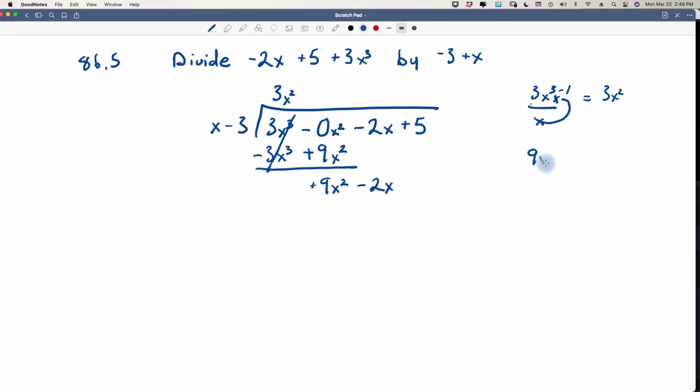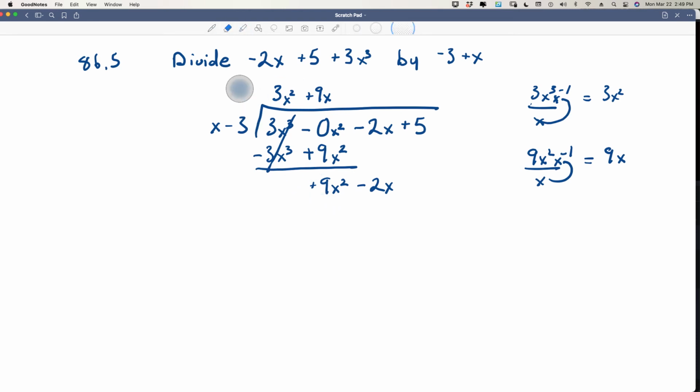So 9x squared. Flip this up. That's x to the negative 1. That equals 9x, right? So positive 9x. 9x times x is going to give us 9x squared.